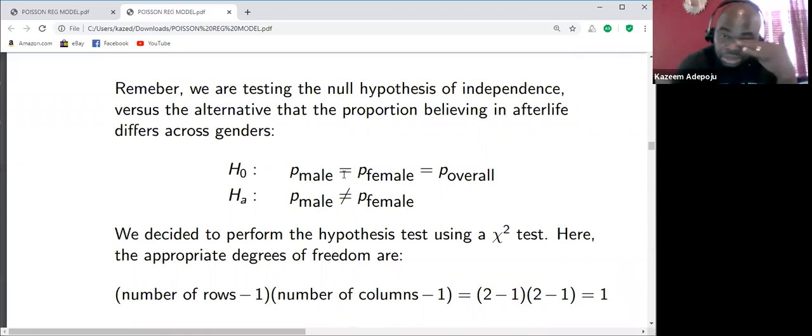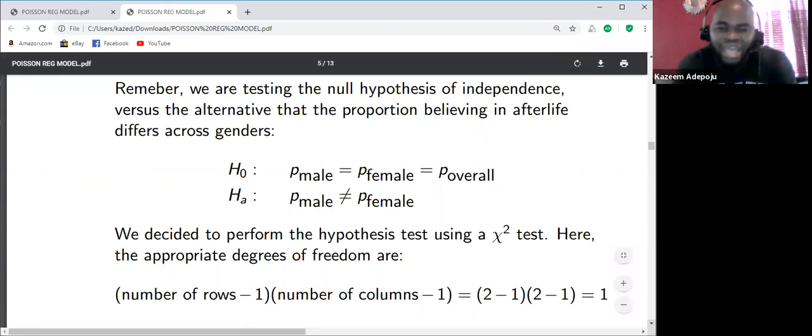So the belief in afterlife is independent of gender. It means male and female have more or less the same position on the belief in afterlife.